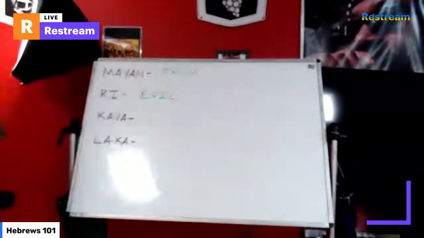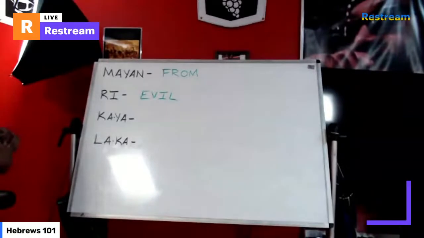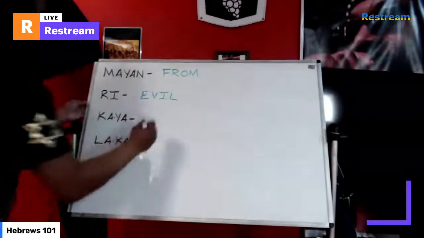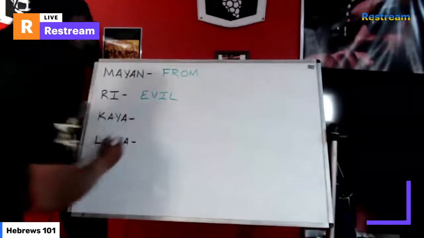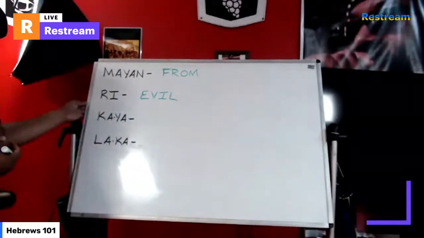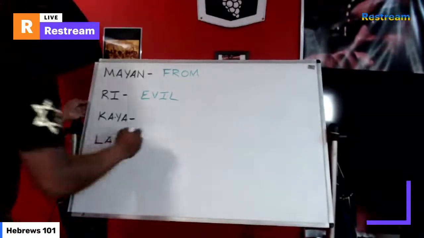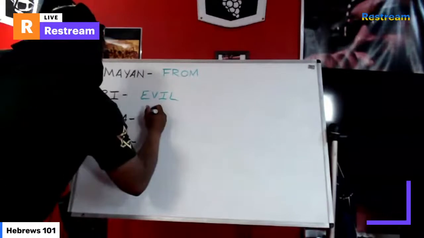All right. Evil. Mayan, from. Right. Evil. Kaya. And Salaki, it sounds like I'm pronouncing it with Kaya, yeah. Very good. All right.